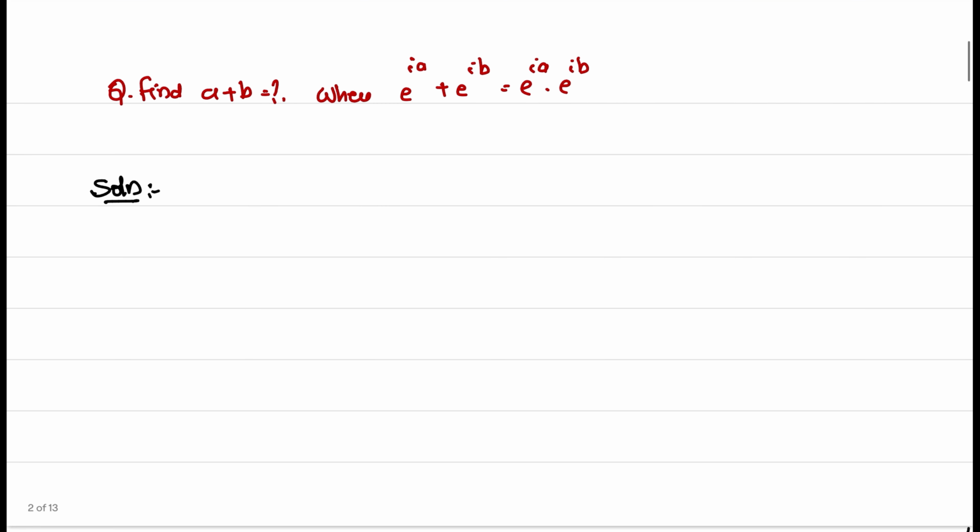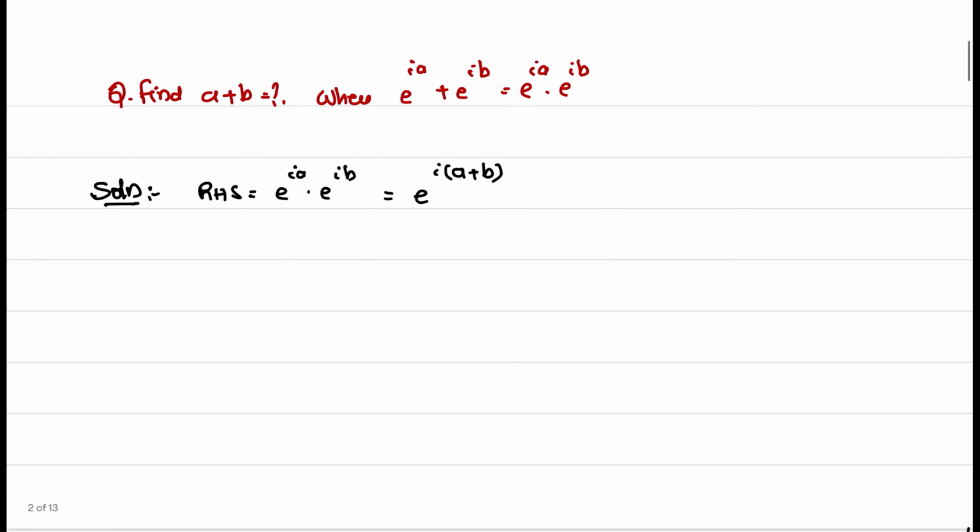What is the right hand side? Right hand side is equal to e to the power of ia into e to the power of ib. It's nothing but a to the power of m into a to the power of n. What will it be? A to the power of m plus n. Then this becomes e to the power of i into a plus b.